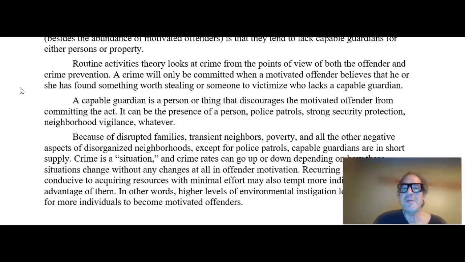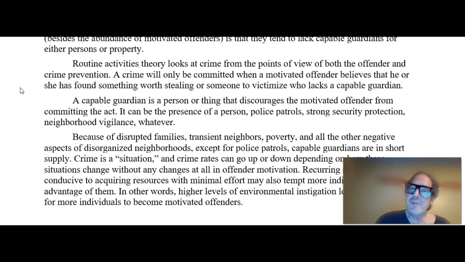So the assumption that offenders can be deterred because they are rational is the major weakness of this theory. But to the extent that offenders are rational and can be deterred by the presence of a guardian, this theory works. So it explains some parts of crime, but not the irrational parts.